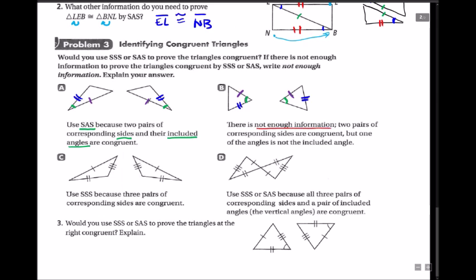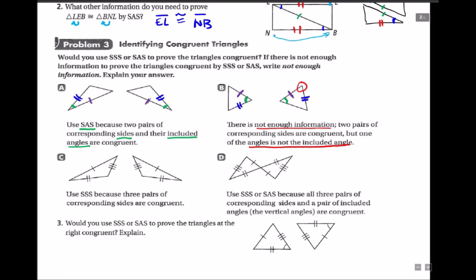There's not enough information because you have sides, but the angle is not included. We would have needed that angle right there. So these triangles may be congruent, but we certainly cannot prove it at this time. So there's not enough information there.